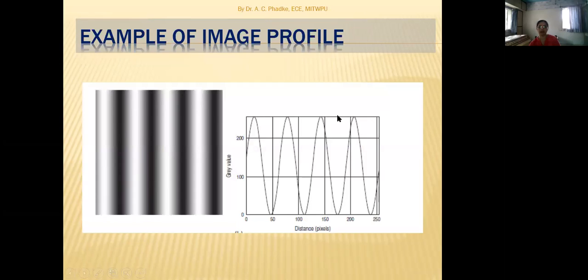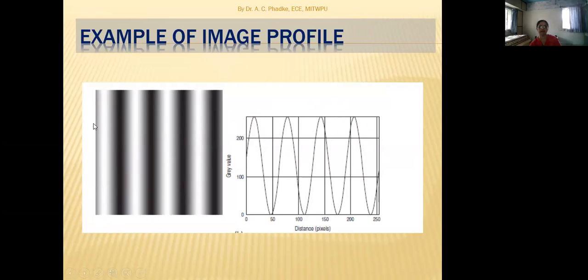So here is one example. Say this is your input image. If you look at the image here, the intensity of pixels is varying in a sinusoidal fashion. And it is clear if we plot the profile of one particular row from the image. If we consider any one row of this image, the profile will look as shown here.